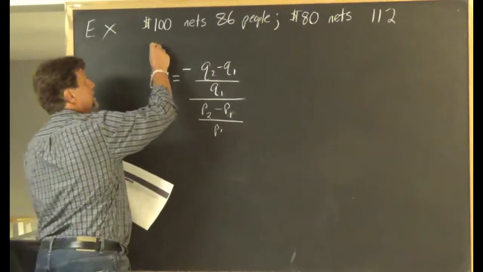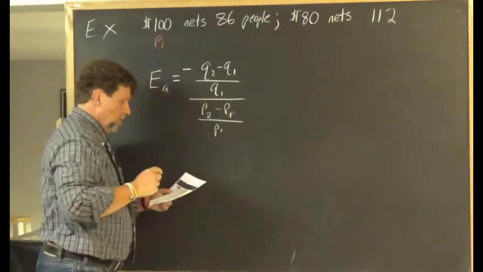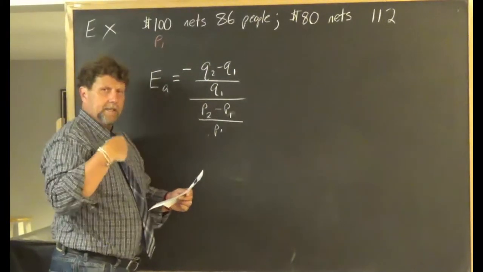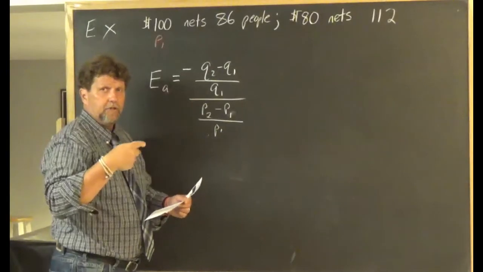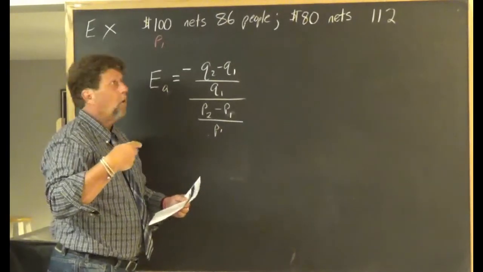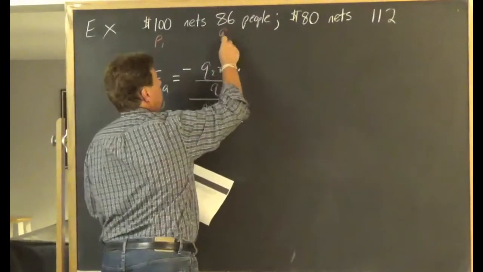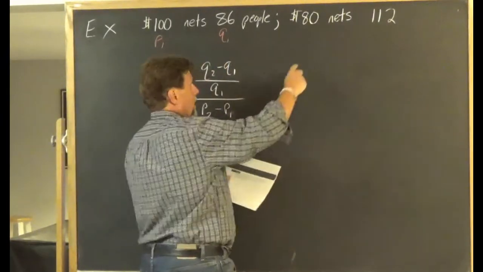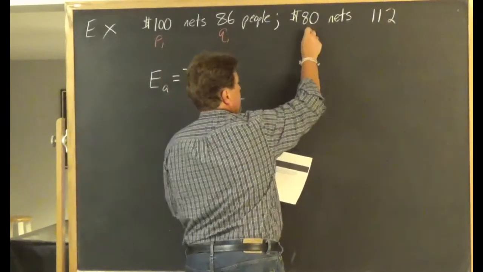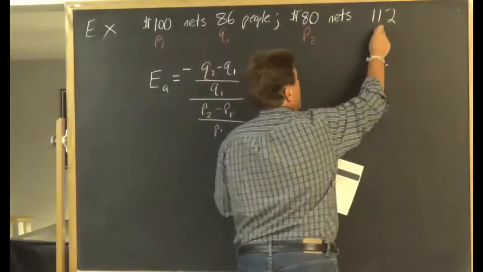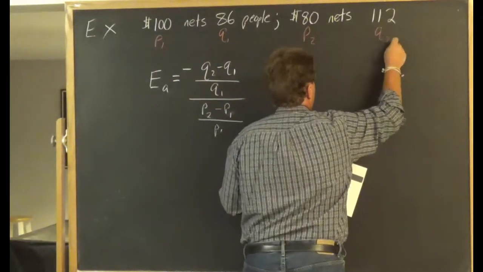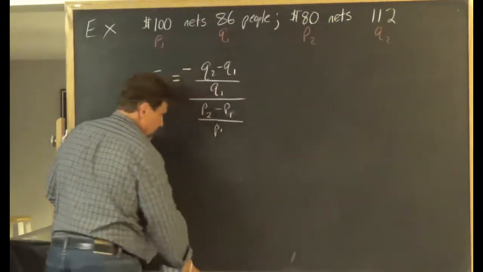That means this is P sub 1. And the 86 participants, that's the original quantity, that's Q sub 1. 80 would be the P sub 2, and 112 would be the Q sub 2.